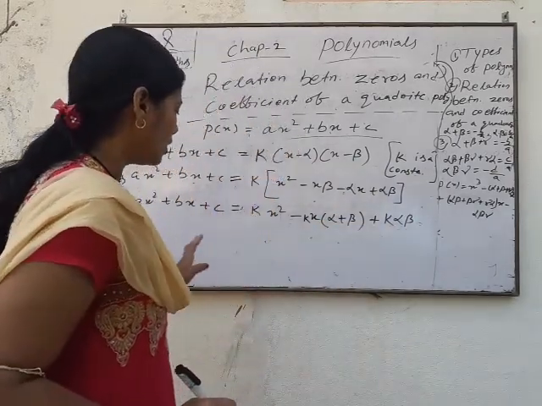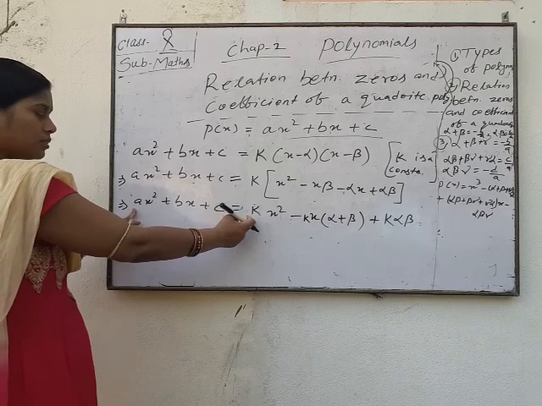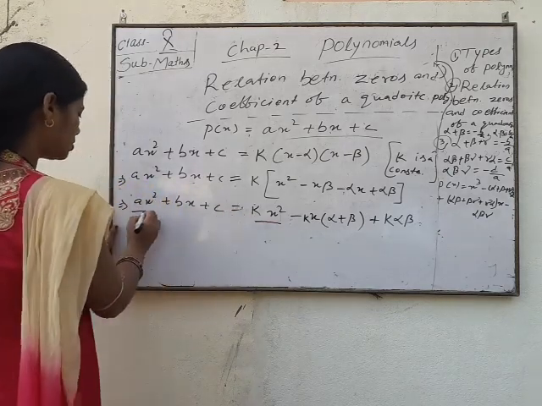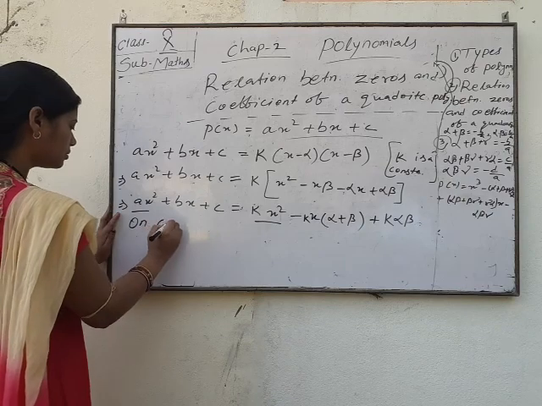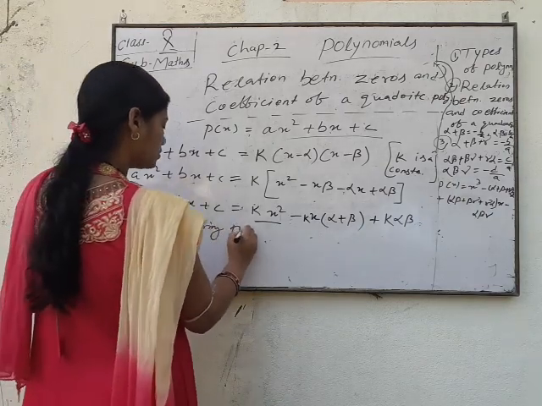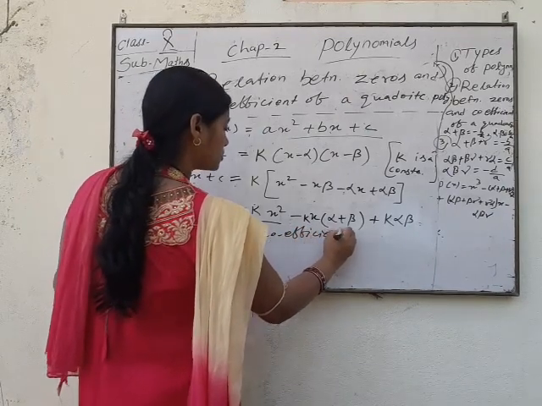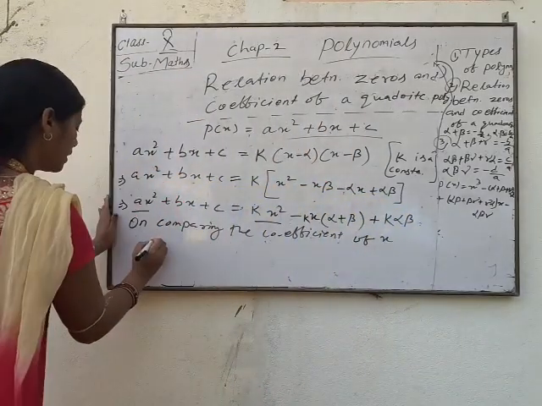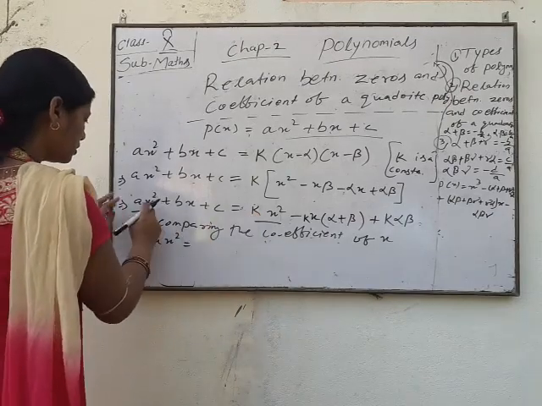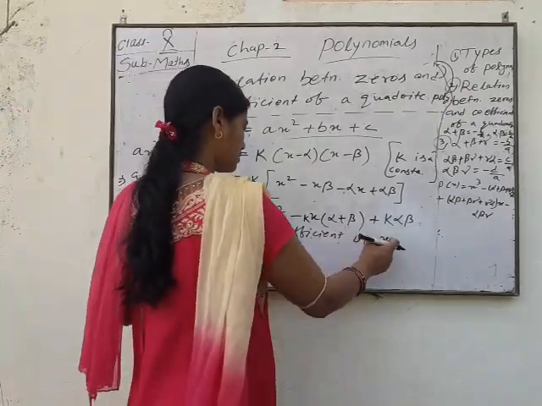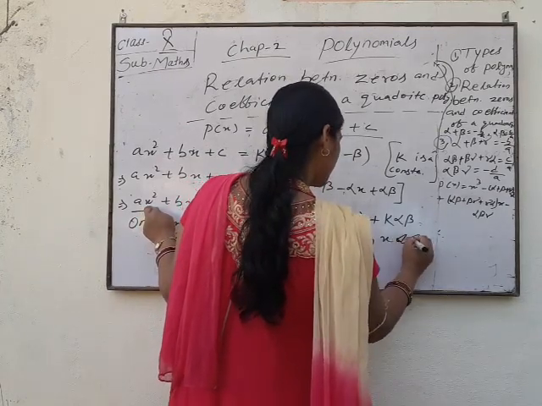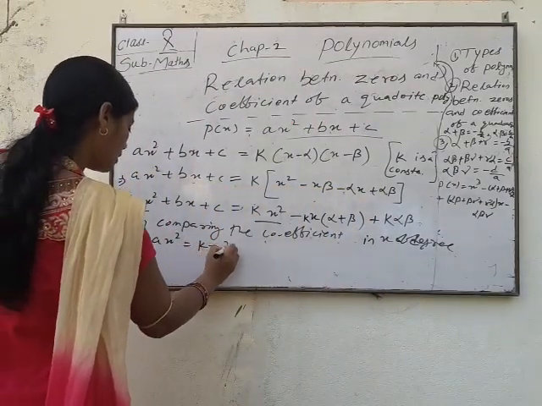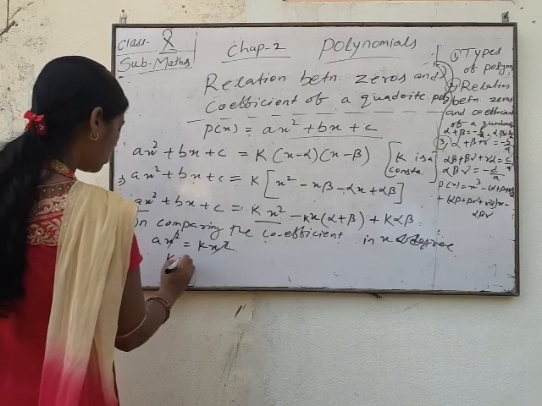Now, comparing the coefficient of x square: the coefficient of x square in your polynomial equals kx square. It means k is equal to a.